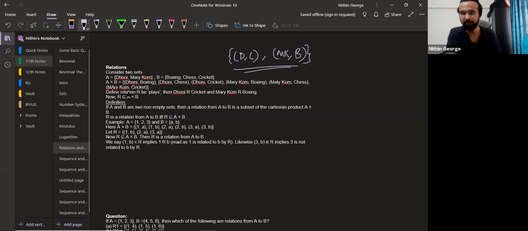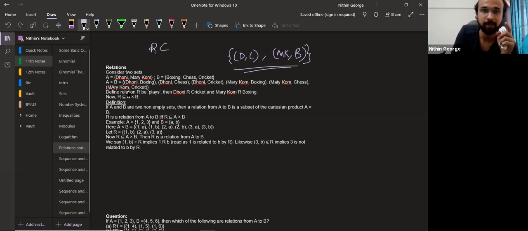This is a valid relation because it's a subset of the Cartesian product. That's all you're looking at, not whether it has meaning or not. Meaning is something you can define to it; it may or may not have meaning. I hope I didn't confuse you. So remember that a relation will always be a subset of the Cartesian product.